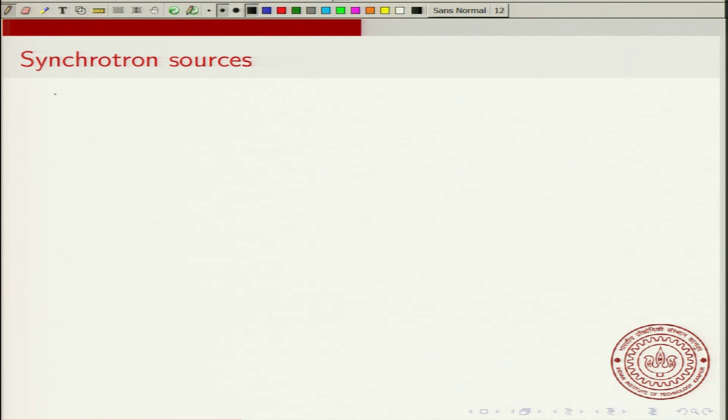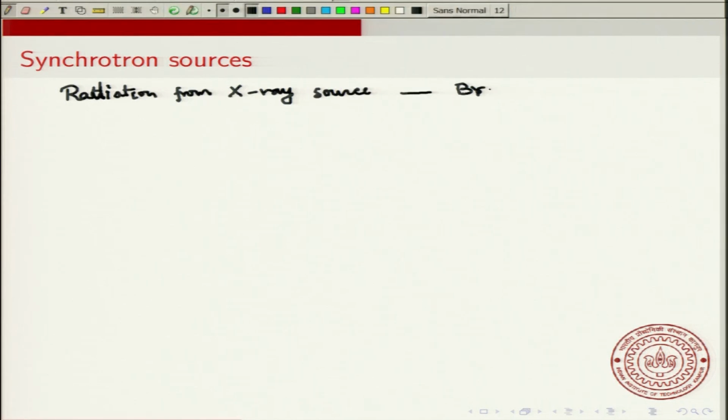So, the radiation that is obtained from an X-ray source has two parts. One part is a broad part and the other is a monochromatic part.